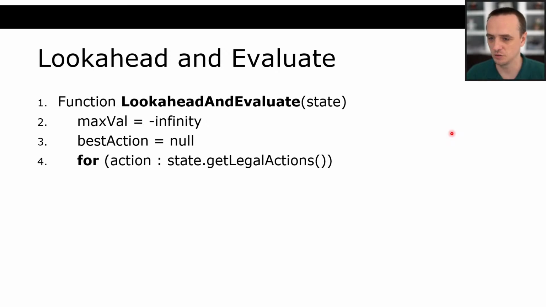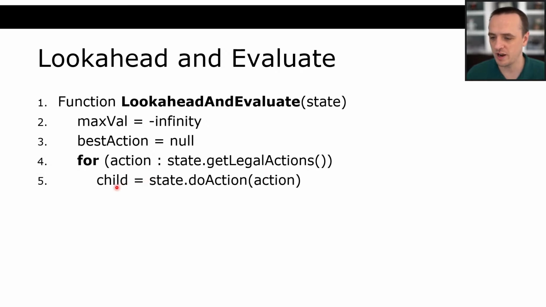So here's the main loop. I'm going to look at my state, and I'm going to get all the legal actions that I can do from that state. So for each action in the legal actions, I'm going to create a new state, which is the child state, and I'm going to say, hey, state, do the action that I'm currently looking at, and create a new state called child.